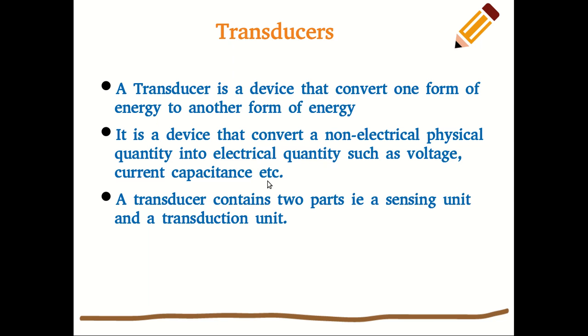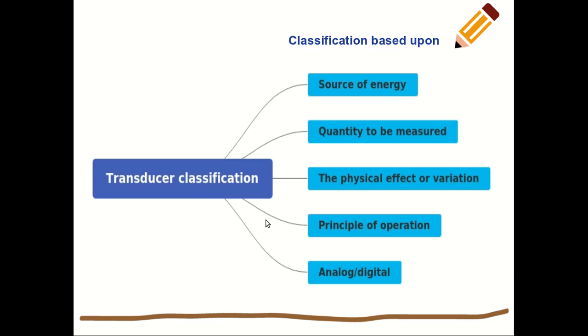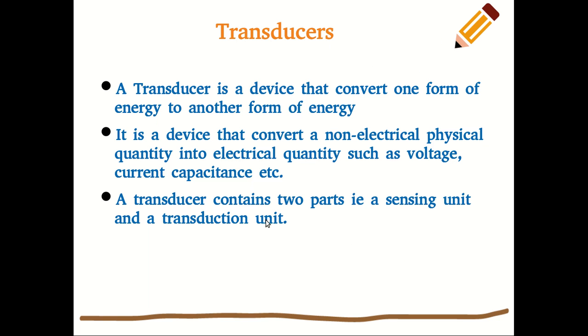When we look at the structure of a transducer, for any kind of transducer, it contains two main parts, that is a sensing unit and a transduction unit. A sensing unit senses the input quantity to be measured and sends it to a transduction unit.